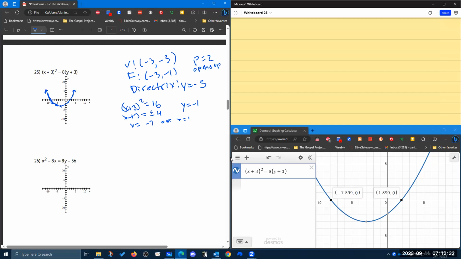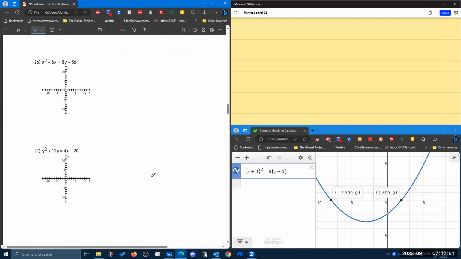If you wanted these values to see exactly what they are, we could use the quadratic formula, let y be equal to 0, and solve for x. Go ahead here and complete the square now to find the equation.